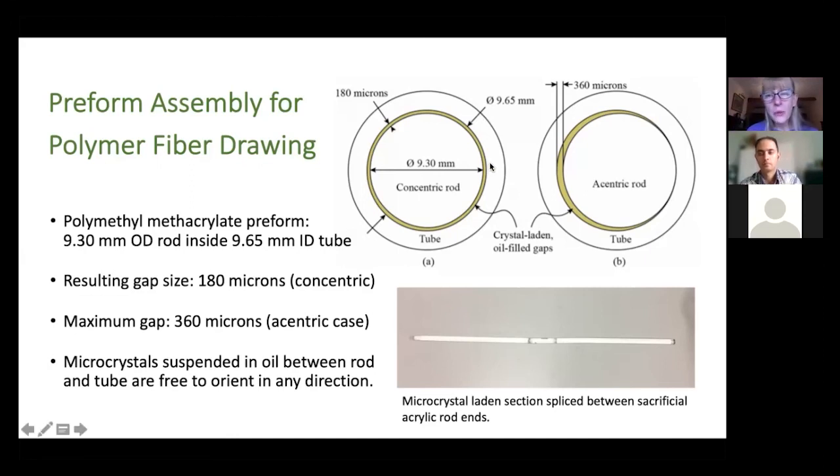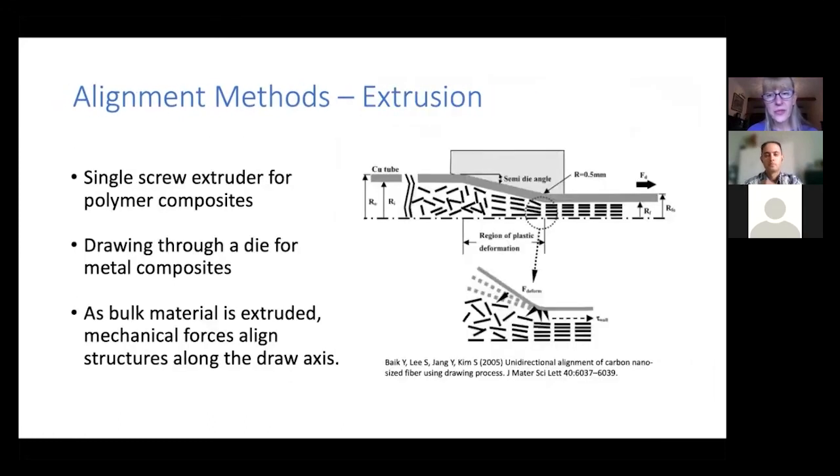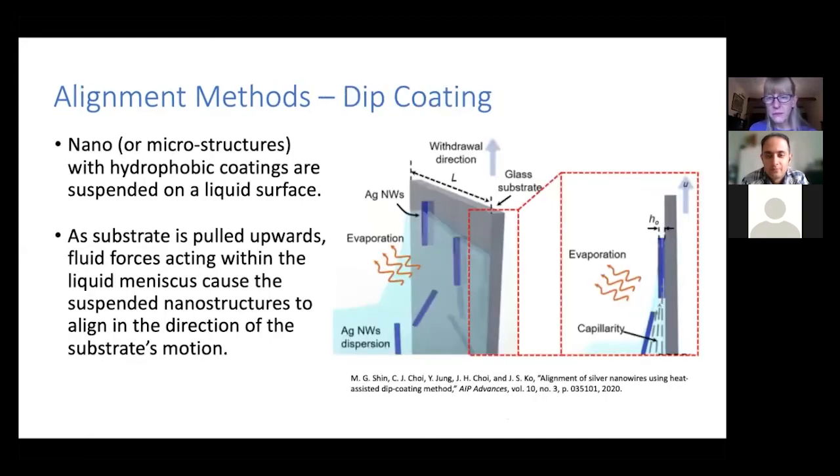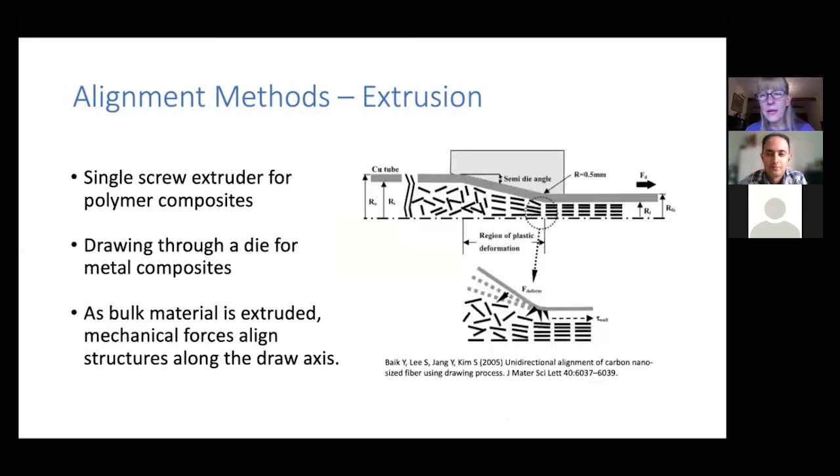Now, in other processes, as far as I understand, so much of this alignment work really started when carbon nanotubes were first reported, around the 1980s, when there was just a lot of effort. When you look in the literature, here I'm showing in one of these slides silver nanowires, but in all of these processes, what's the limitation?